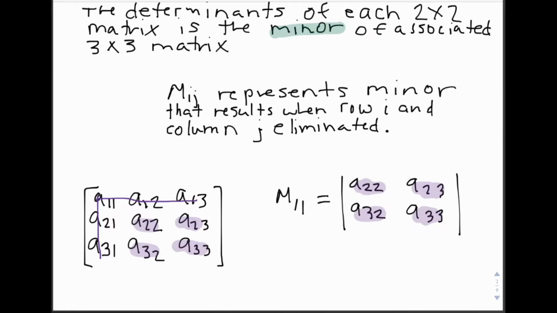Say for example we wanted to find the minor of 1,1. In this case we eliminate this row, and then we eliminate this column, and what are we left with? We're left with A22, A23, A32, and finally A33. So that would be the minor of 1,1.